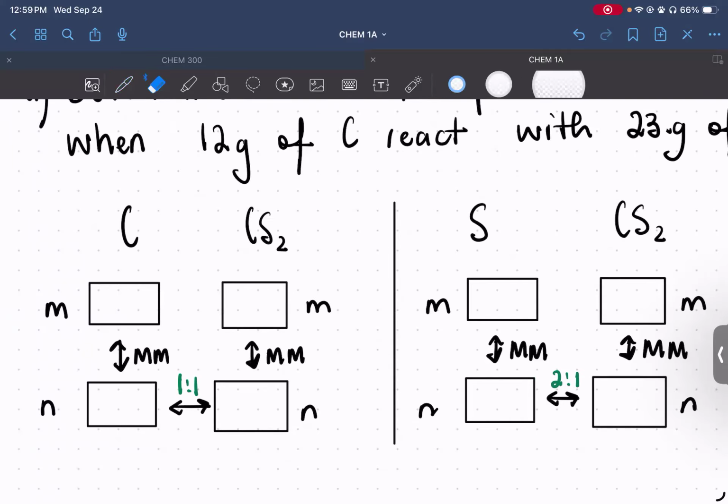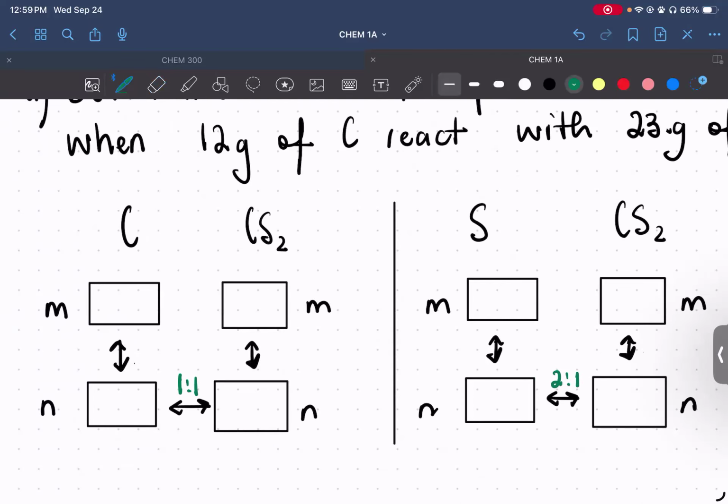We can also very quickly get the molar masses of all of these compounds or elements. We know that from the periodic table, the molar mass of carbon, just carbon, is 12.01 grams. Need some space. I'll write it over on this side.